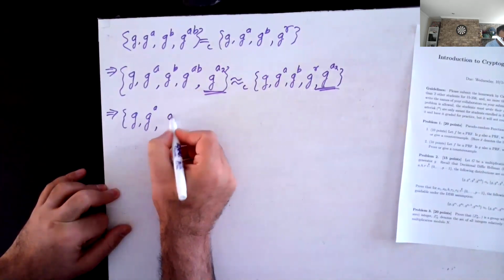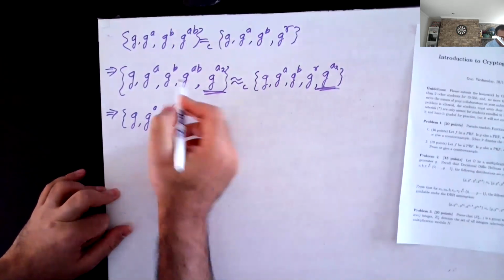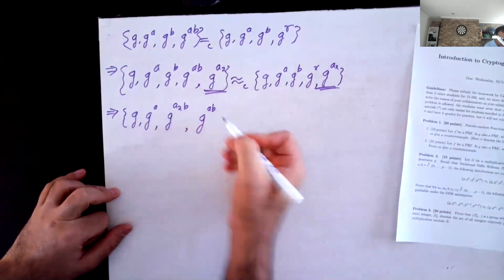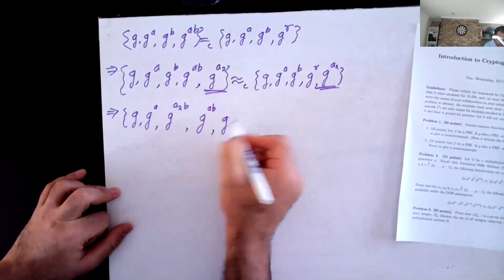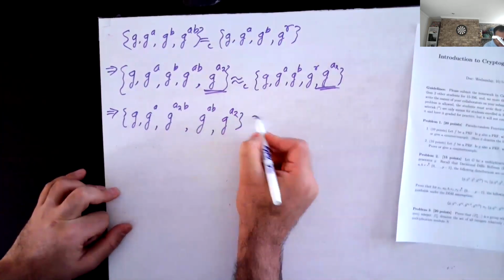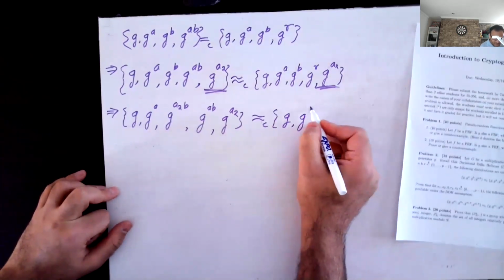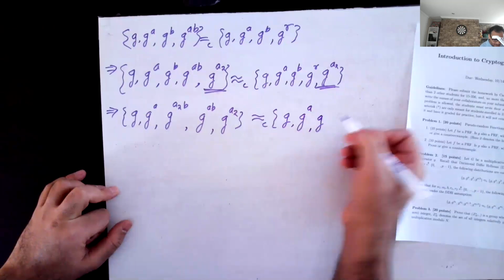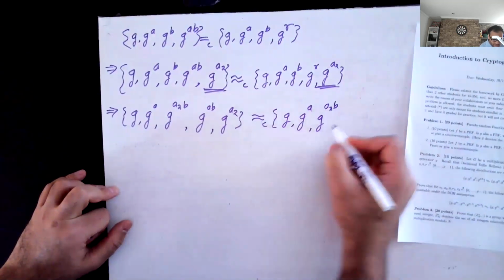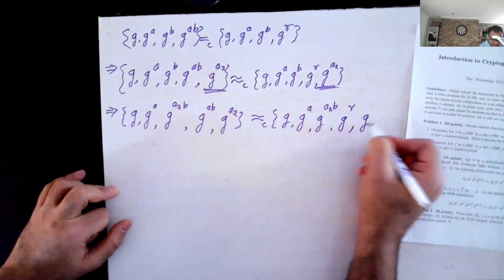g to the power a to b. So I replace b by a2 to b. g to the power ab. This is computationally indistinguishable from g to the power r, g to the power a2.